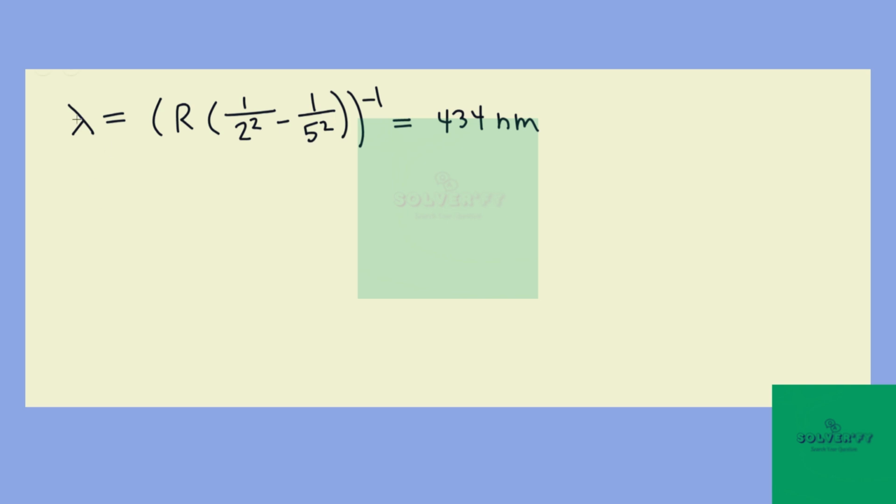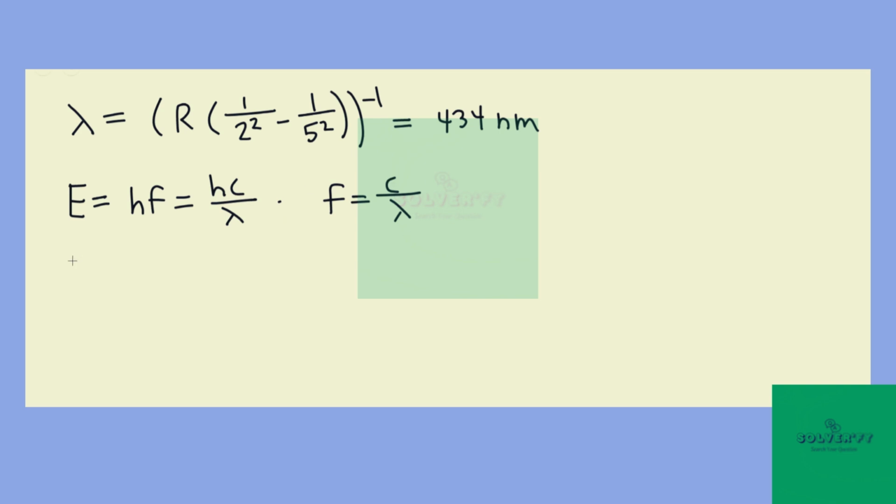Okay. We can relate this wavelength to a frequency and an energy for a photon using the expression E equals hf, also equal to hc over lambda. Which tells us that f is equal to c over lambda, and E is hc over lambda.